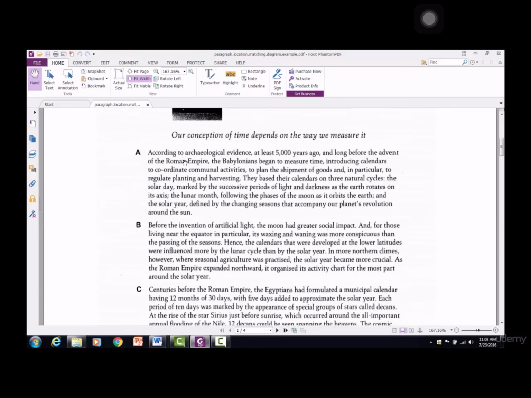All right, so I'm starting right here in paragraph A. According to the archaeological evidence, at least 5,000 years ago, and long before the advent of the Roman Empire, the Babylonians began to measure time, introducing calendars to coordinate communal activities, to plan the shipment of goods, and in particular to regulate planting and harvesting.